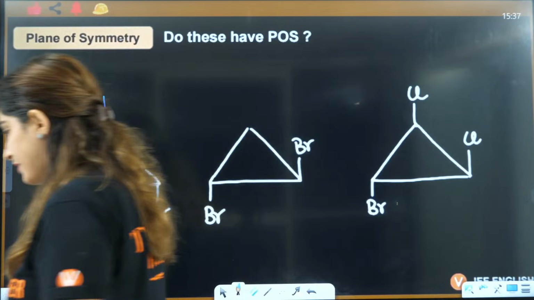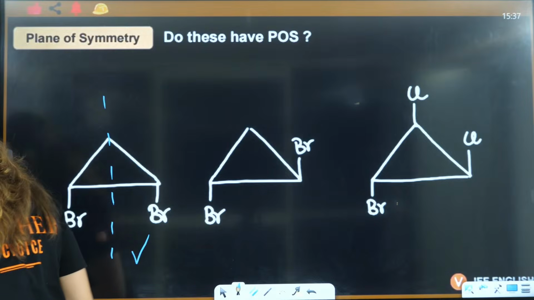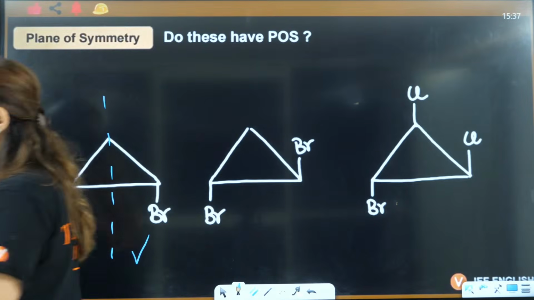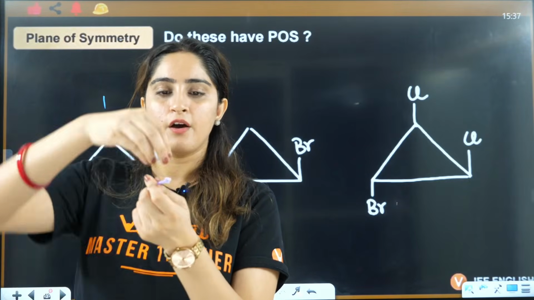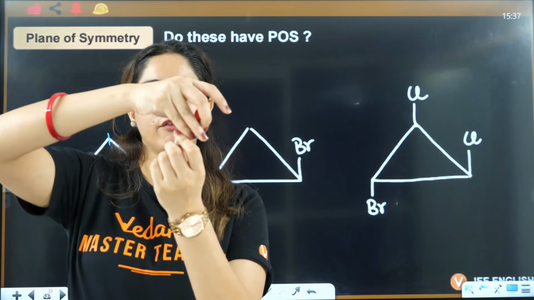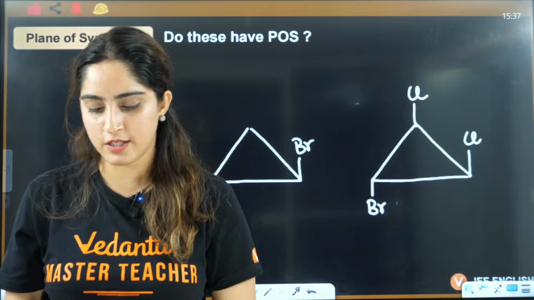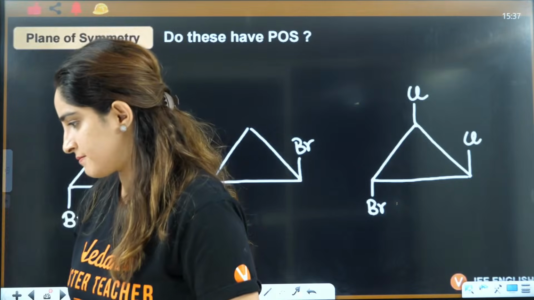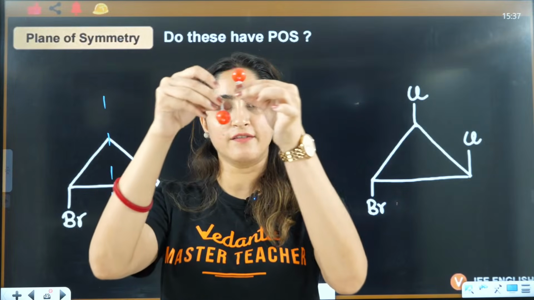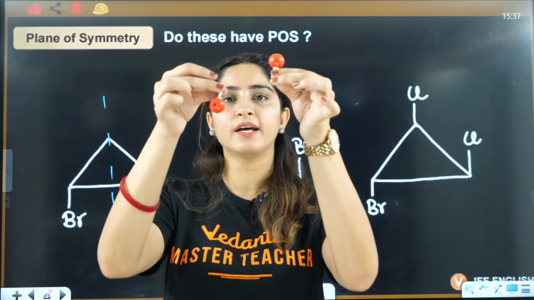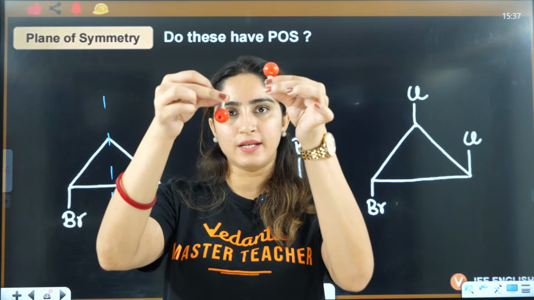One you have here, other you have here, right? Let's think about an imaginary line here, because I am not able to hold it. So one is here, one is here.